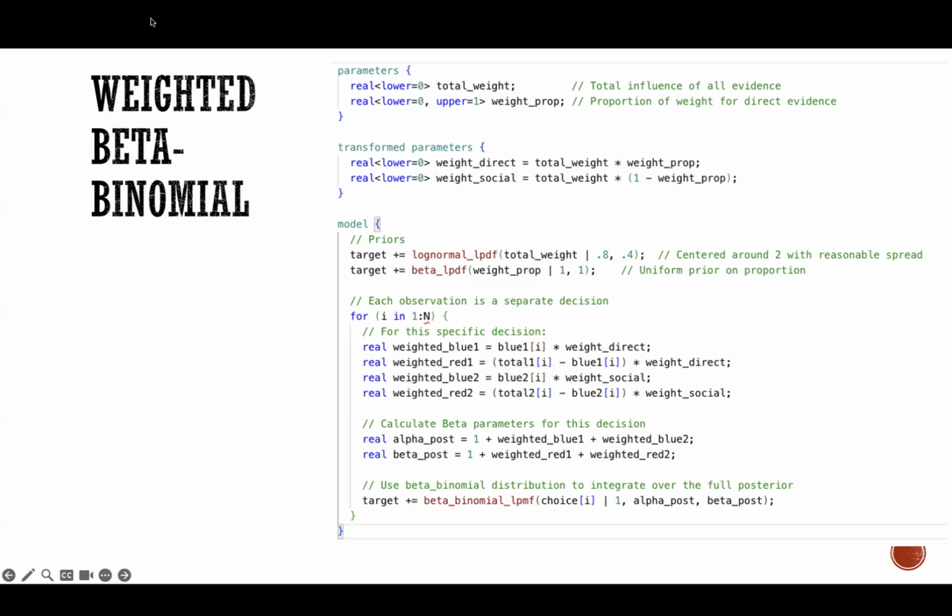And for the weight proportion, given that it's a proportion, it goes from 0 to 1, I put a beta prior. And then everything else is exactly the same, right? Because all the work is done up there.